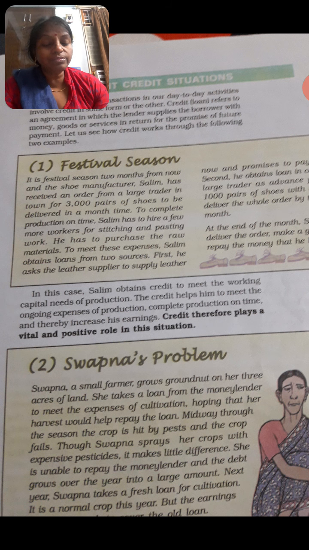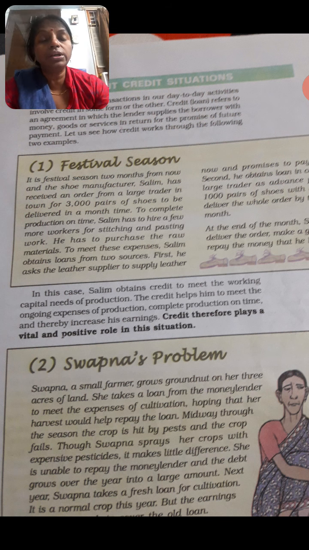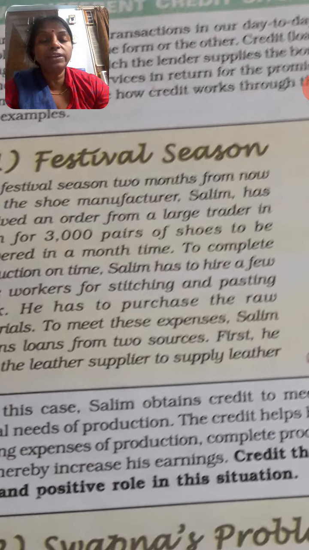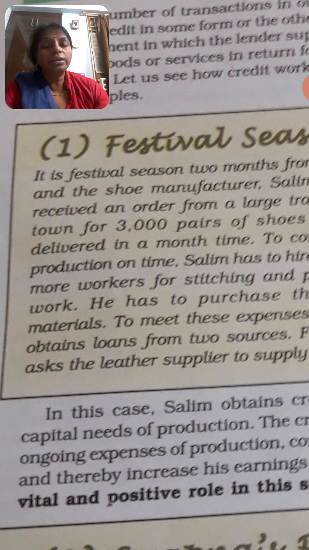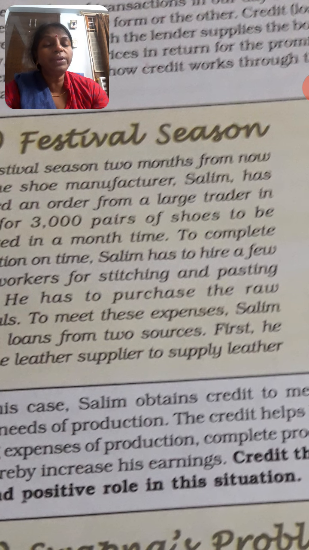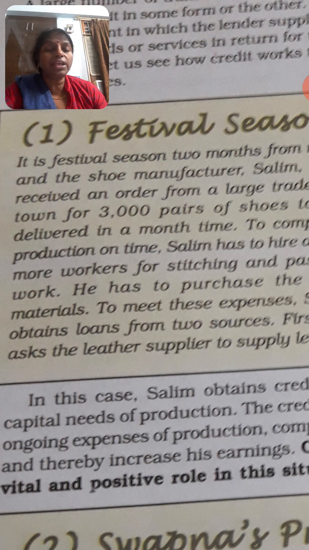In the festival season, the manufacturer has to deliver an order, because he has got an order to deliver more than 3,000 pairs of shoes in a month. To complete the production on time, the manufacturer has to hire more workers for stitching and other types of work.